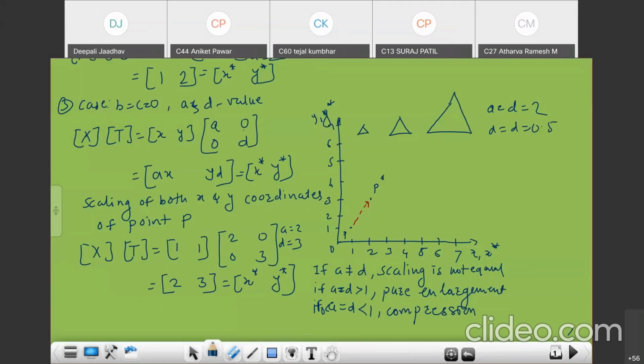It is compressed exactly half. But these cases we can apply only to objects other than a point. In a point, this is not possible to show. Enlargement, compression and unequal scaling are possible to show in a triangle, rectangle, etc., which we are going to see afterwards.